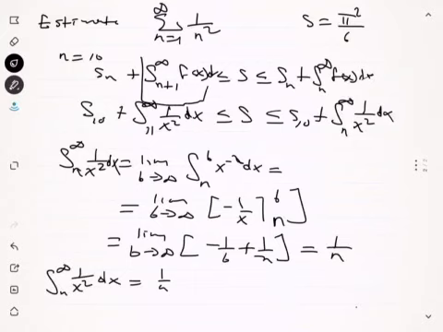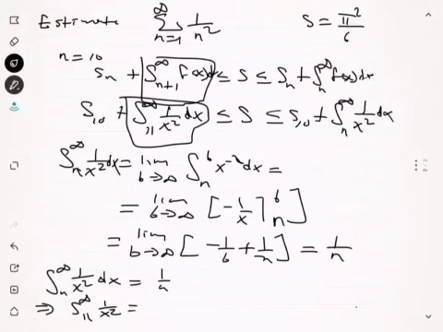Therefore, the integral from 11 to infinity of 1 over x squared equals 1 over 11. And the integral from 10 to infinity of 1 over x squared dx is 1 over 10.